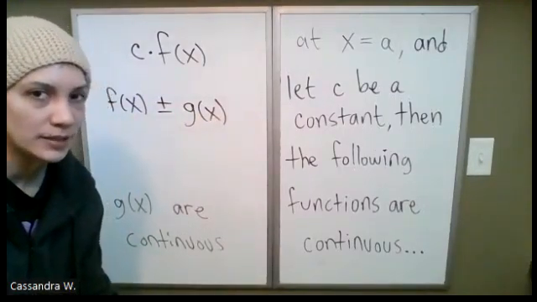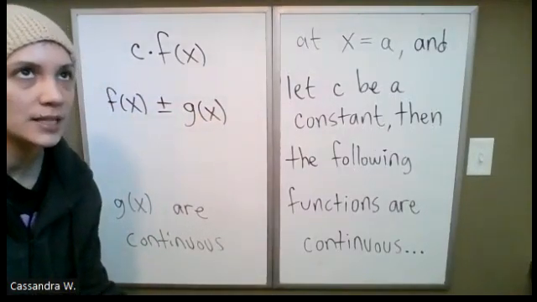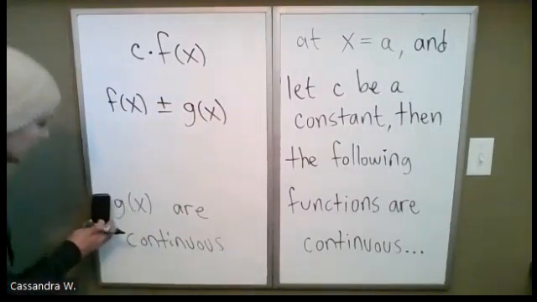If you multiply two continuous functions, it's going to give you a continuous function.